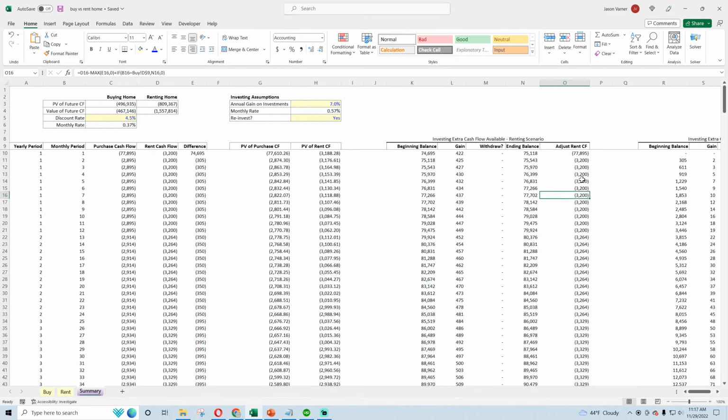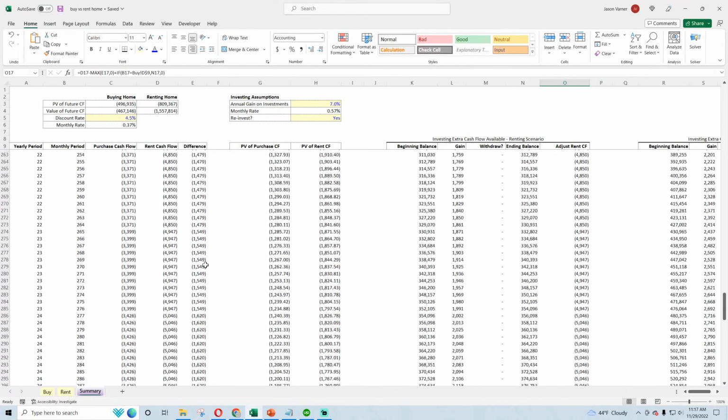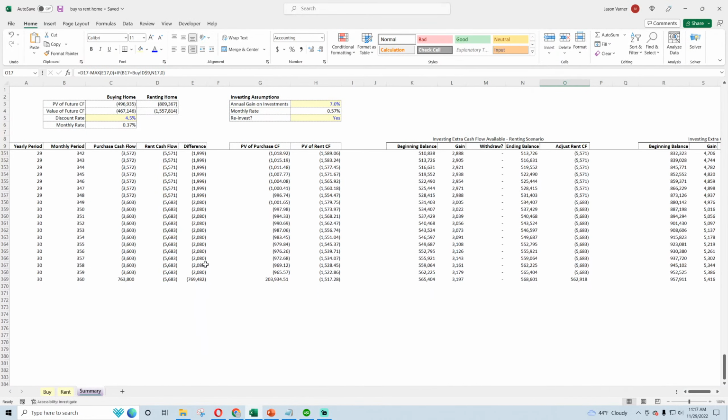The cash flow is the same as what it is here. Okay, we go down. It's only getting worse for the rent scenario because of the annual rent increase. And now at the end, you do have 568,000 based on investing that initial difference in because you didn't make the down payment.